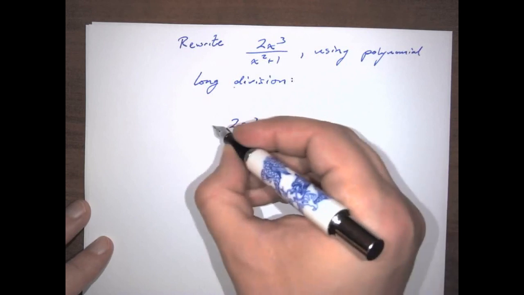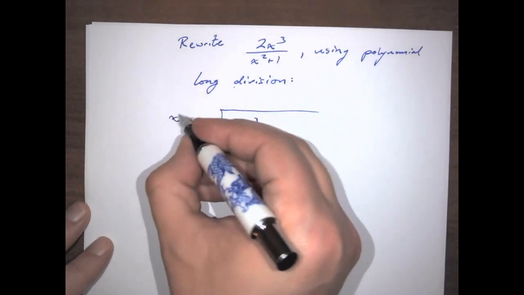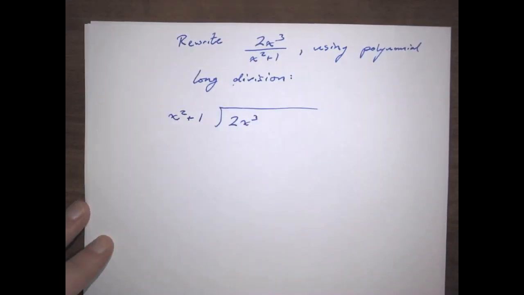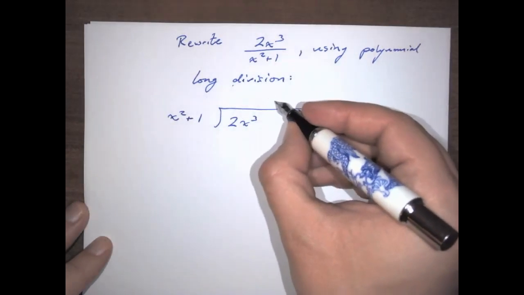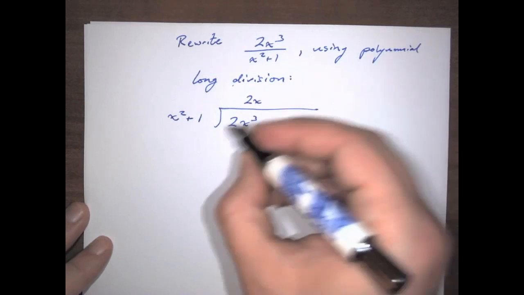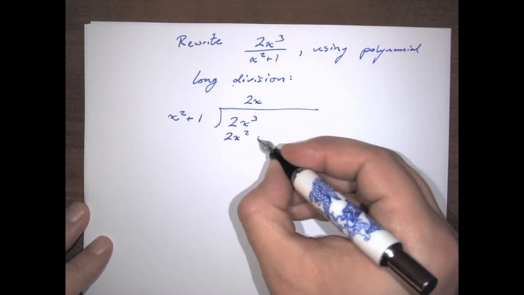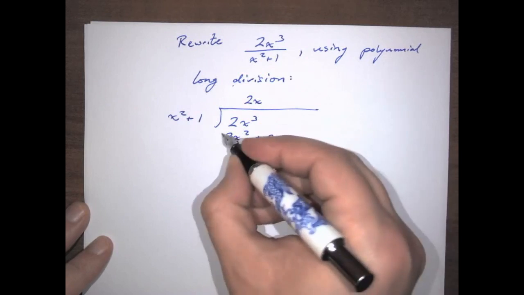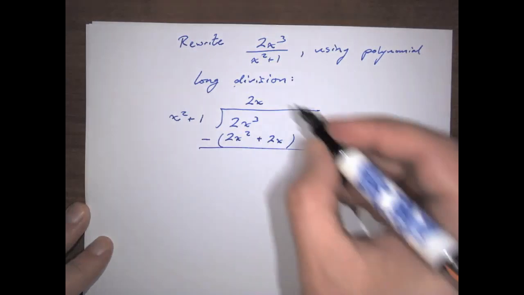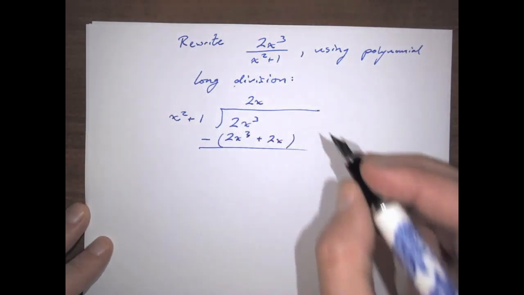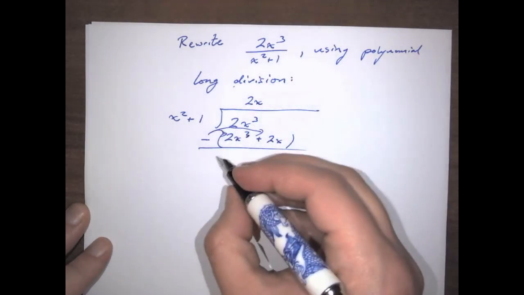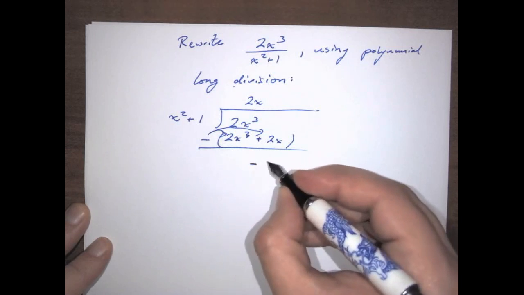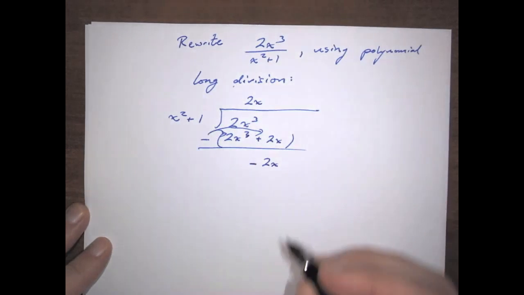So 2x cubed divided by x squared plus 1. First off, here you ask yourself, what do I have to multiply an x squared by in order to make a 2x cubed? And the answer is 2x. That's going to make a 2x cubed plus 2x, and that you subtract, just like with regular numerical long division, and when you subtract these, you're going to get a negative 2x.